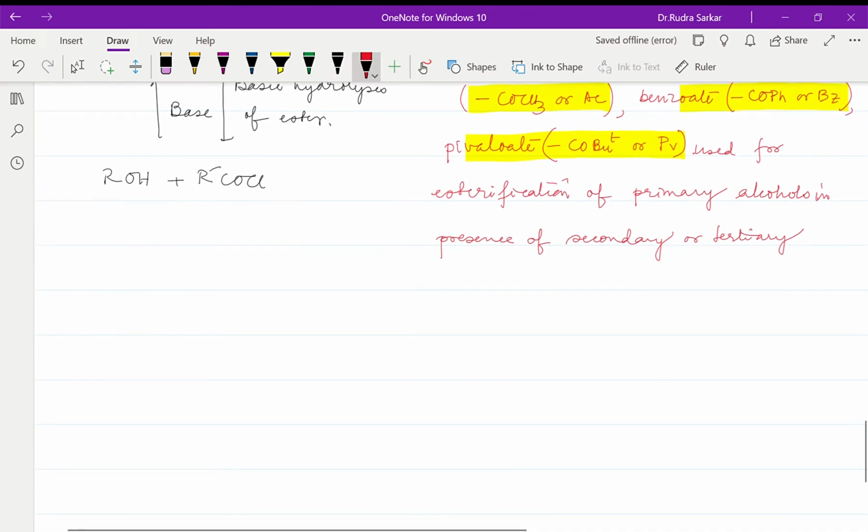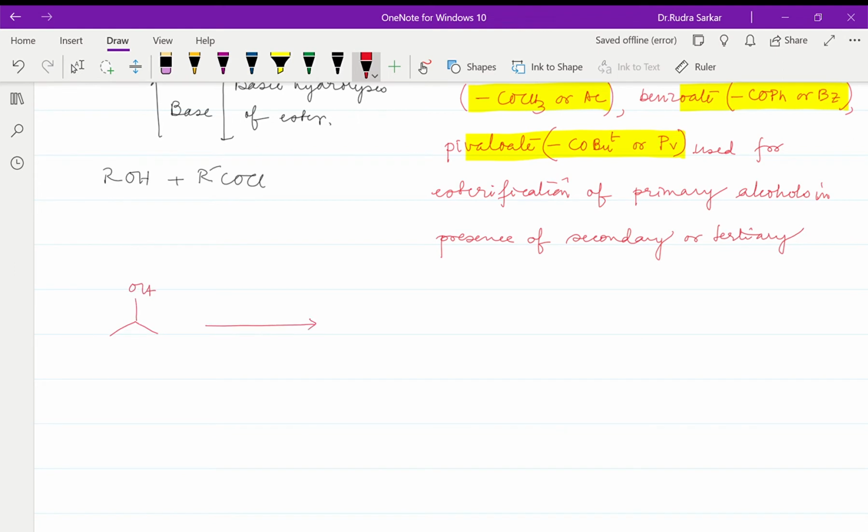So to demonstrate this particular theory, we will be using this example in which we have again isopropanol, and we are treating this with an acid chloride plus the base, for which we have given the reasons before.